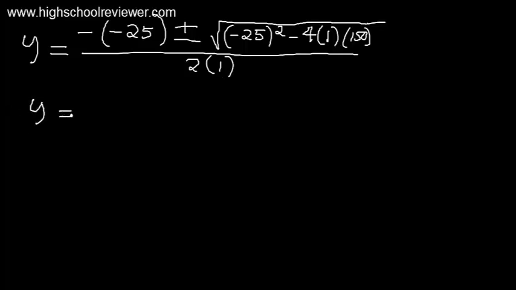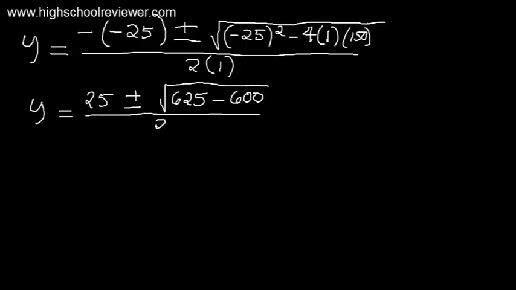So y here will be negative times negative 25, that will be positive 25 plus minus the square root of negative 25 raised to the power of 2. This will give us 625 minus 4 times 1 times 150. This will give us 600. And this will be divided by 2.